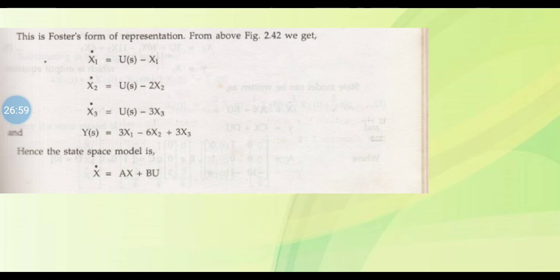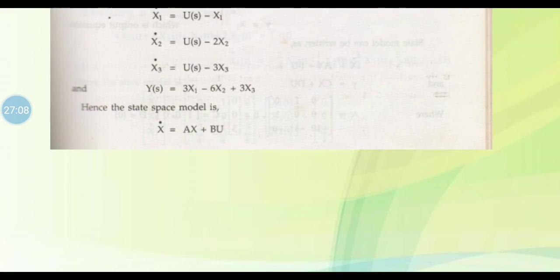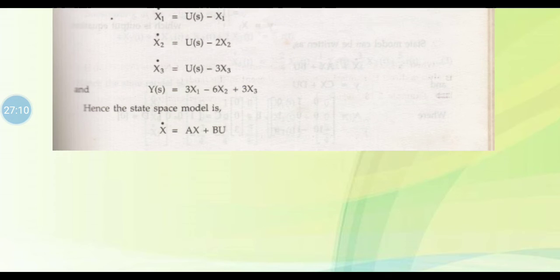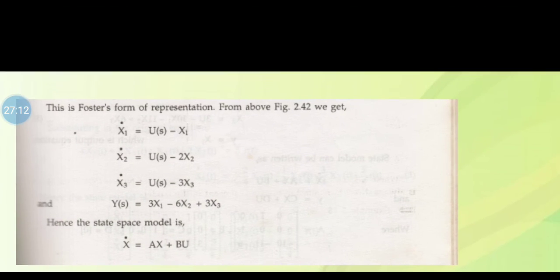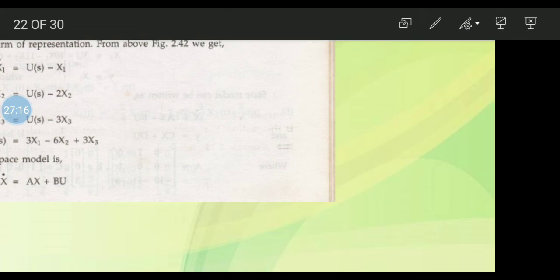Therefore y of s is equal to 3x1 minus 6x2 plus 3x3. Hence the state space model is x dot is equal to Ax plus Bu.